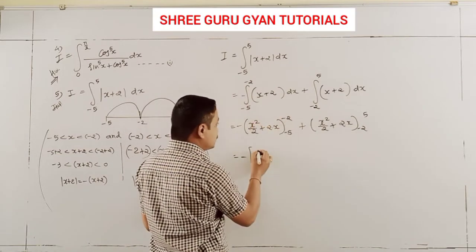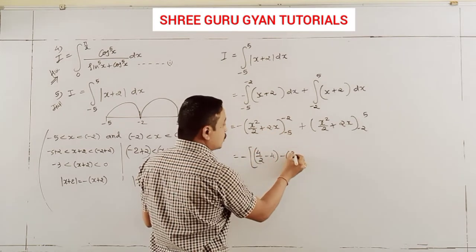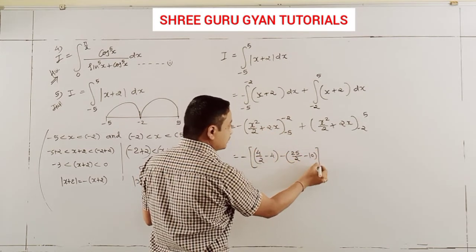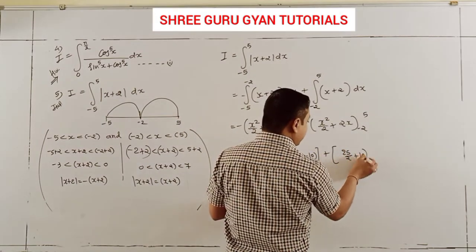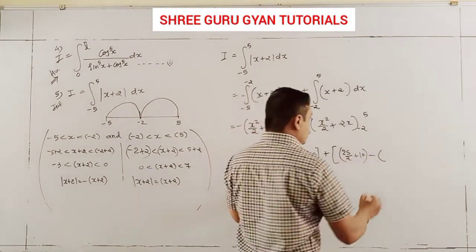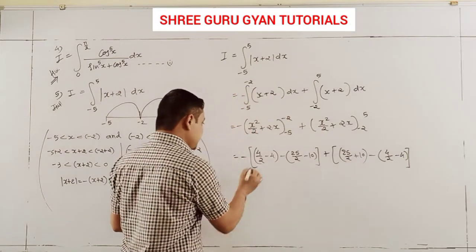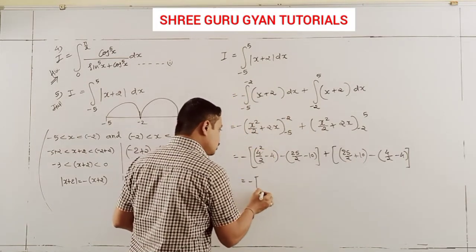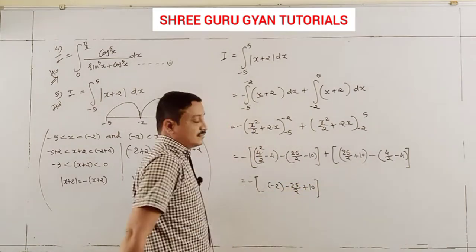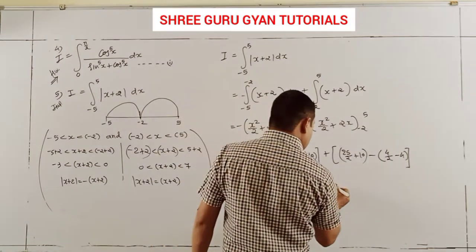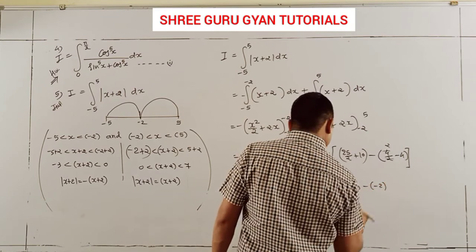Minus 2 the square means 4 by 2, 2 to the 4. Minus 5 putting, 25 by 2, 5 to the 10. And next, 45 by 2, 5 to the 10. And minus 2 putting then, 4 by 2, 2 to the 4. It means 2 to cancel. You have to minus 2, minus 25 by 2, plus 10. And that is, students, plus 25 by 2 plus 10. This cancel 2. It means minus 2.